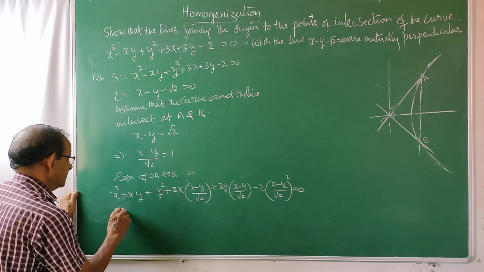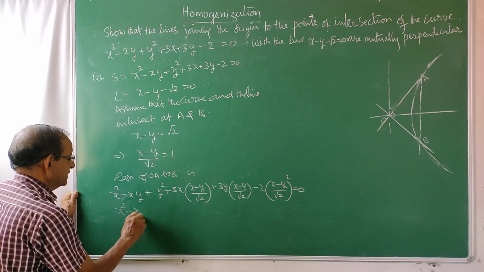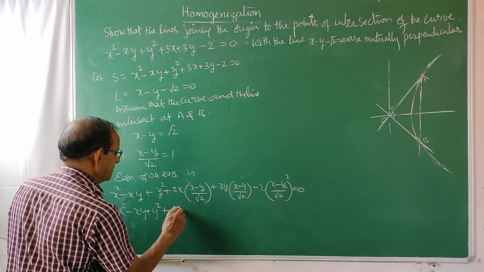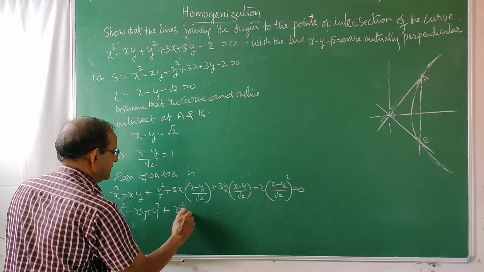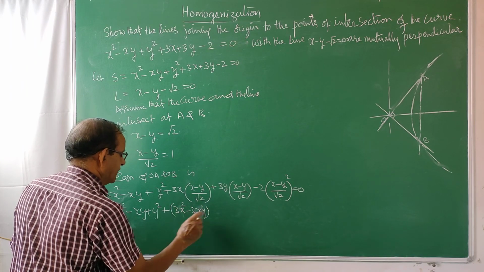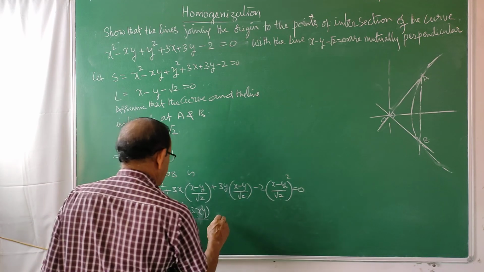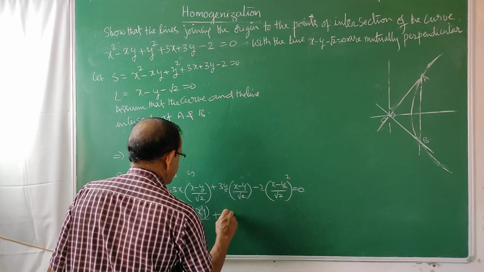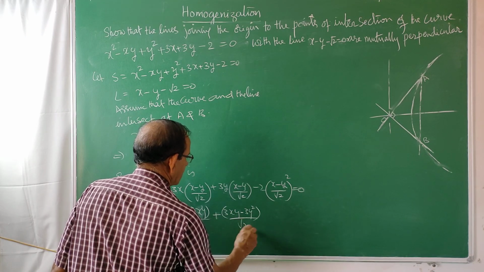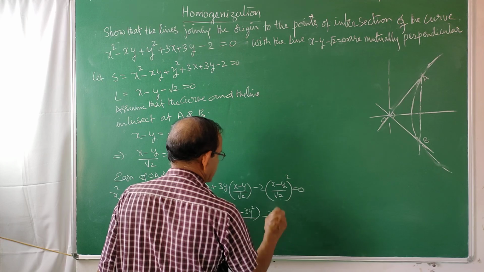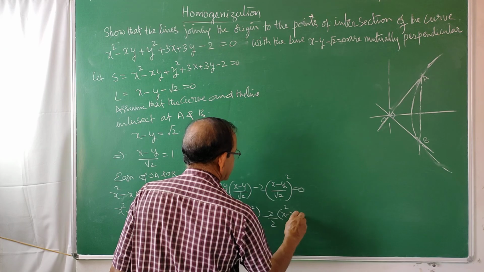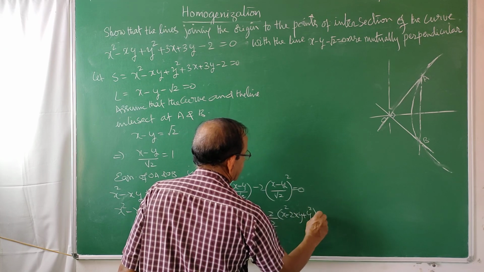So it is x square minus xy plus y square plus 3x square minus 3xy by root 2 plus 3xy minus 3y square by root 2 minus 2 by 2. This root 2 square will become 2. x square minus 2xy plus y square is equal to 0.